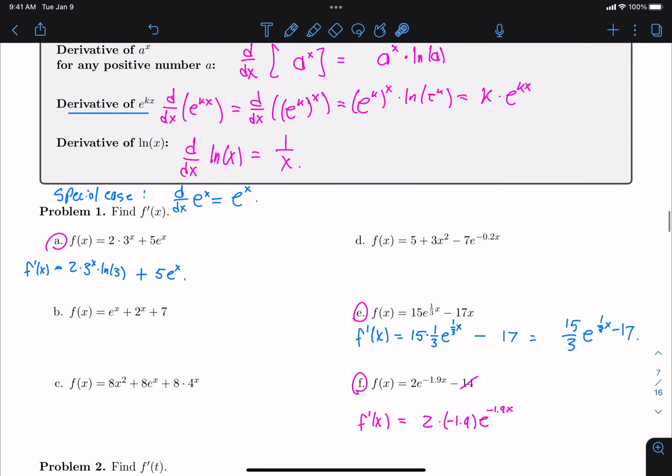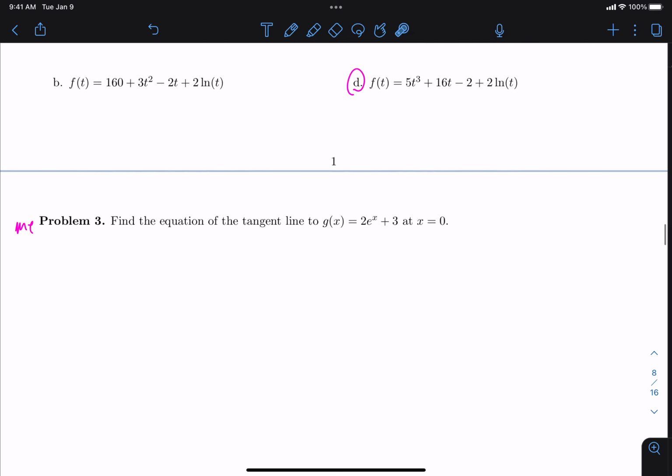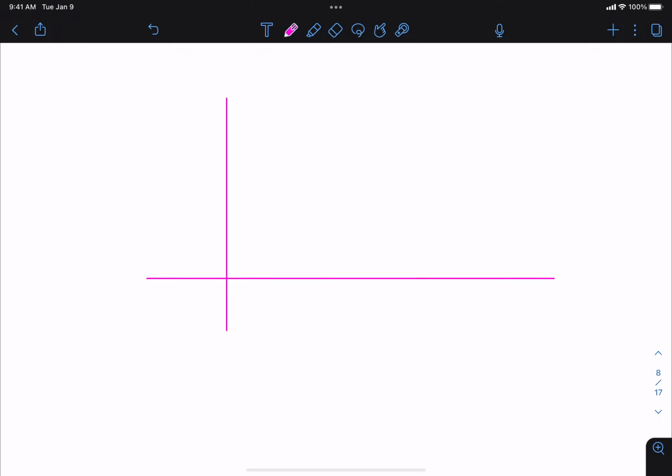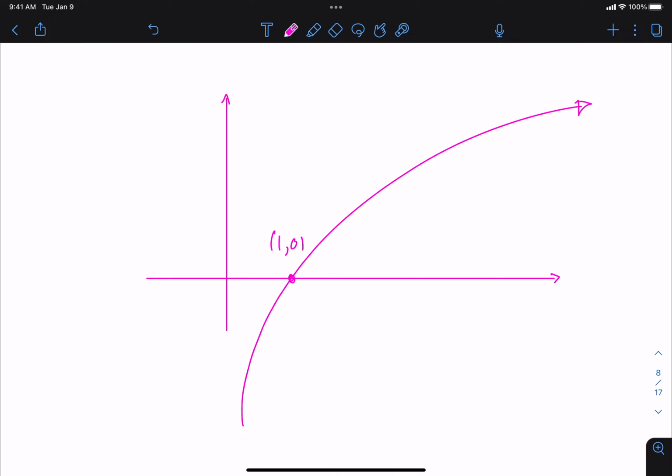Okay, why is that true? I can show you a picture to help you see what that is really saying. So let's look at the graph of the natural log function. The graph of the natural log function looks something like this, where it passes through the point (1, 0). This is ln of x.